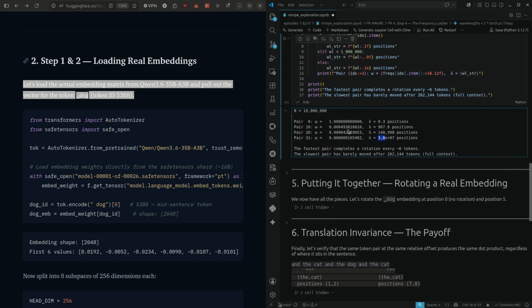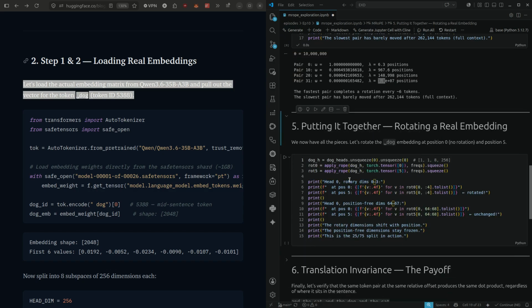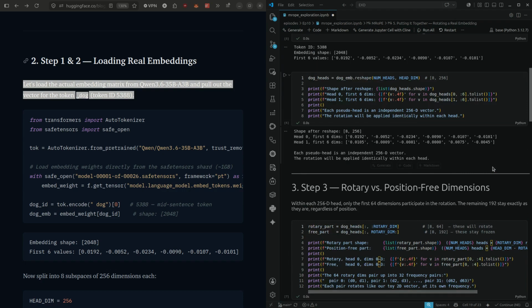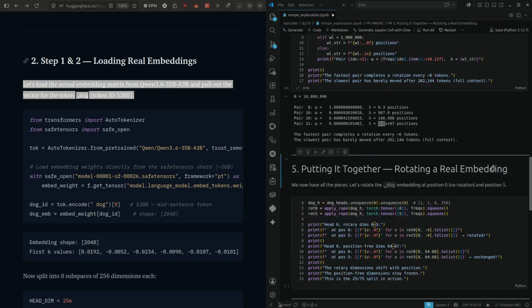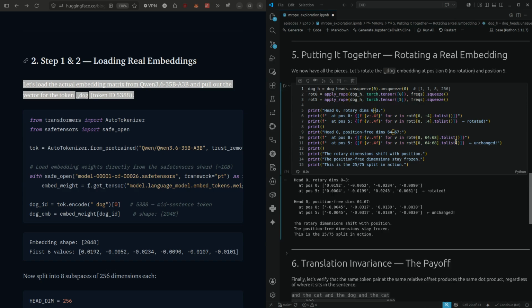Okay, so we have all the pieces. Let's rotate a real embedding. Okay, do some Python stuff. We have an apply rope function, right? Which I'm not going to go through. Okay, let's run it. So this is at position 0 and this is at position 5, and you can see it has been rotated.